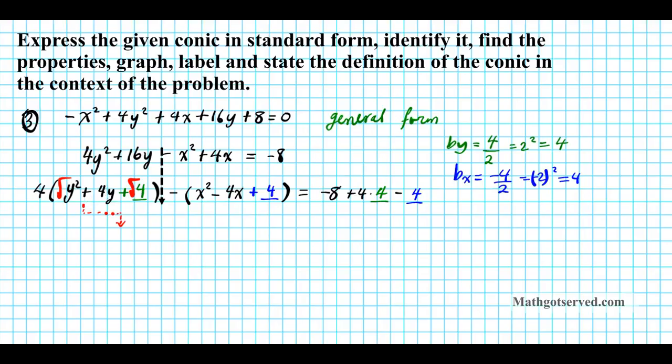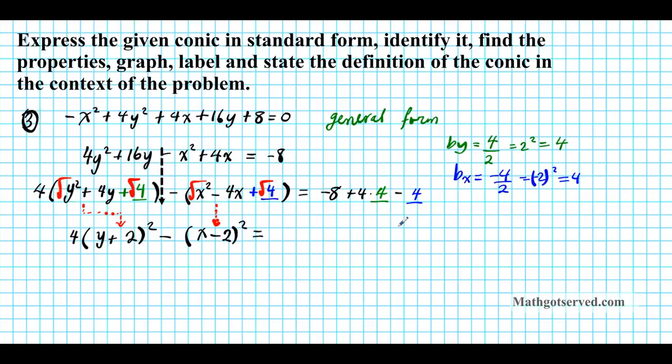So let's see what that gives us. Just do a 4 on the outside. 4 times y plus 2 quantity square for the y world. Alright? And then we have minus. You root the x square and root the 4. And you bring down the middle sign. And then we're going to have x minus 2 quantity square.